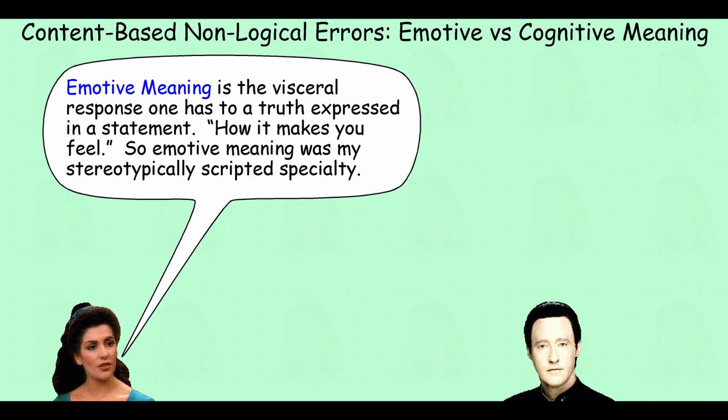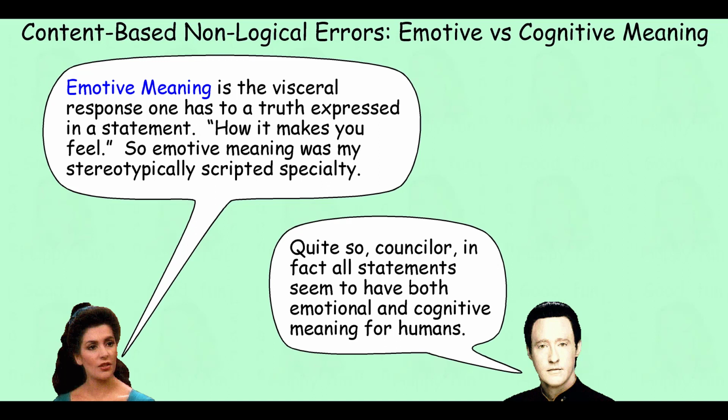Only occasionally do they veer off into orthogonal relationships with one another that can cause the kind of ambiguity that can be problematic. And so when we think about emotive and cognitive meaning, we want to be careful not to portray them in those stereotypical or scripted ways.